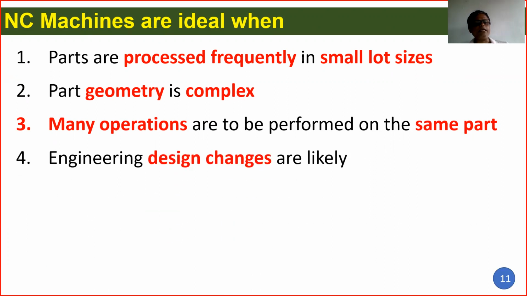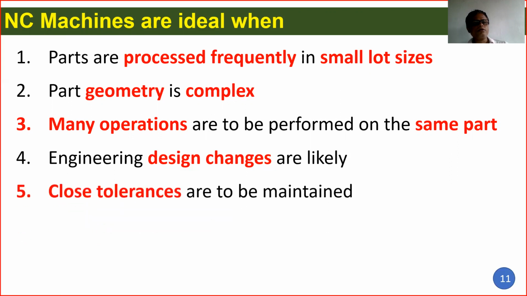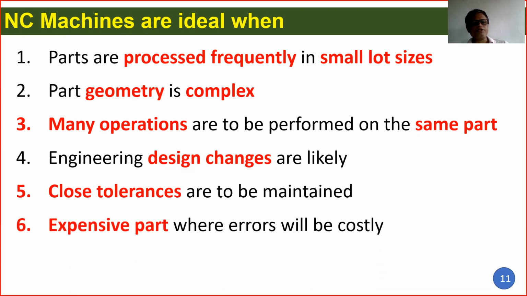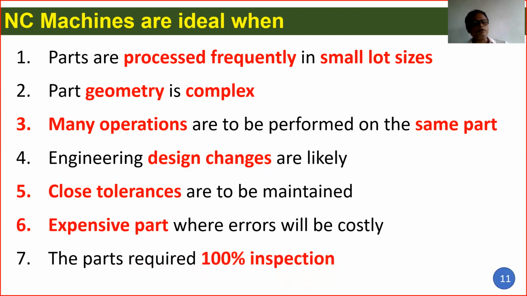Engineering design changes are likely, so we cannot use the conventional machine when the design changes are very frequent. NC machines are also used when close tolerances are to be maintained, when the part is expensive and errors will be very costly, and when the parts require 100% inspection.